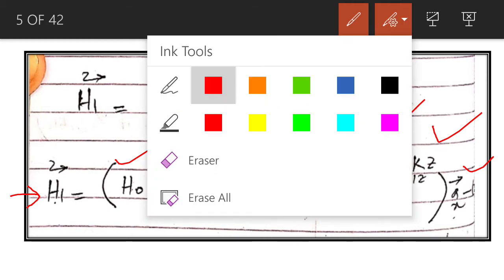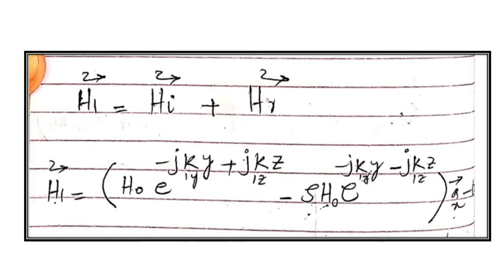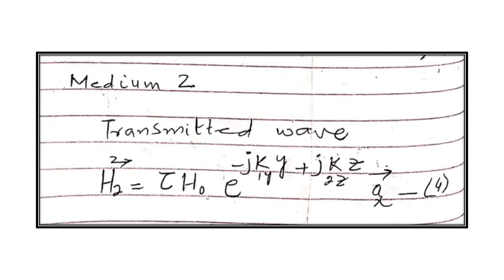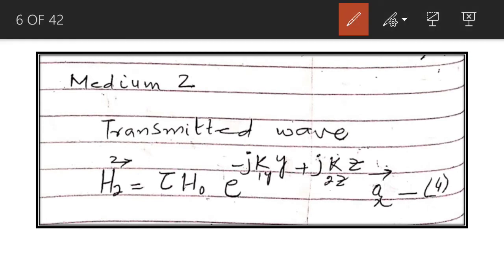We go to medium number 2 and we consider the magnetic field intensity of the transmitted wave in medium number 2. It will be equal to tau H naught into e raised to power minus j k1 y y plus j k2 z z multiplied by Ax.